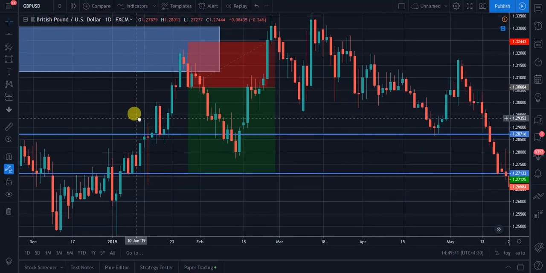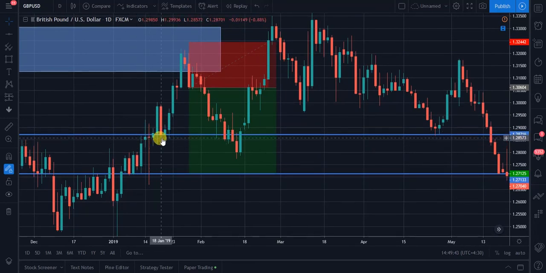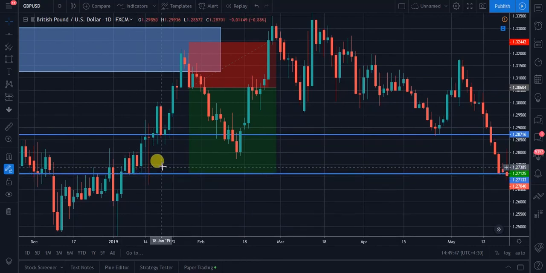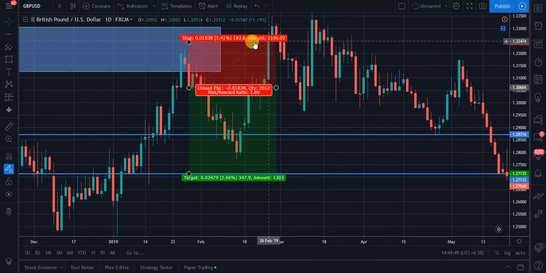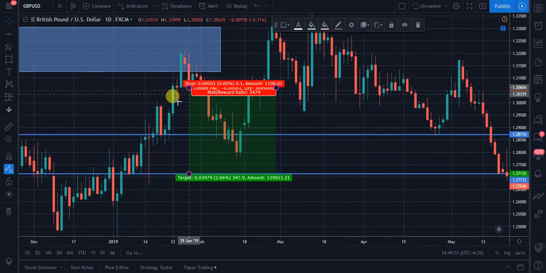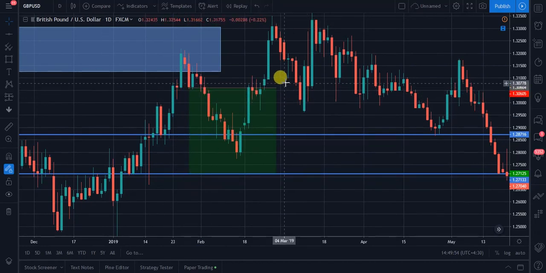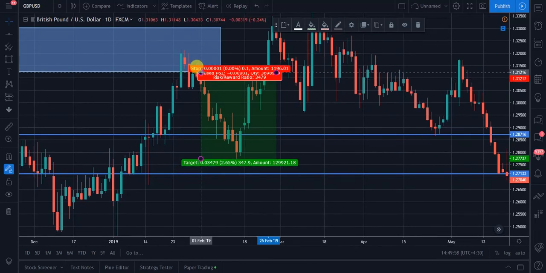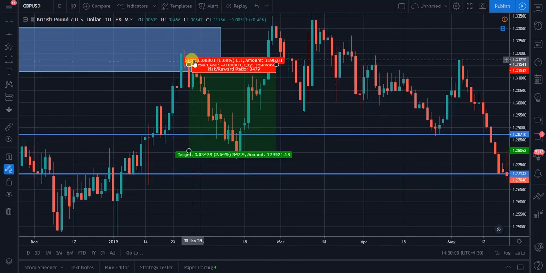Actually, for example, your first target is touched before, but it never touches your second target. So if you risk free your trade, you will never lose anything. Okay, guys, this is a good idea for managing your trade.